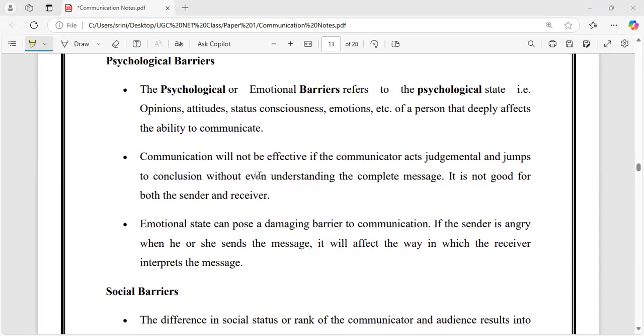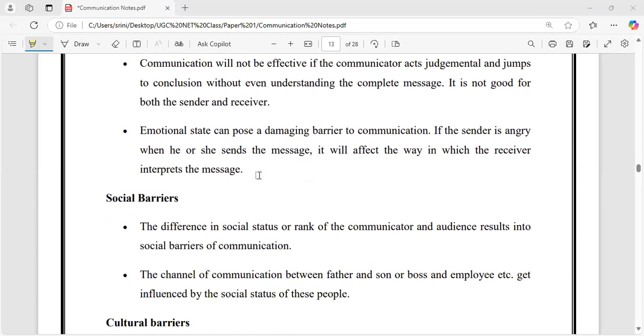Emotional state can pose a damaging barrier to communication. If the sender is angry when he or she sends a message, it will affect the way in which the receiver interprets the message. Okay, like when we are angry, we pour out words. Okay.